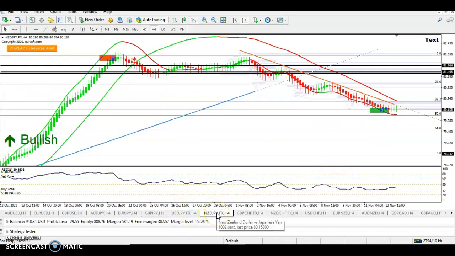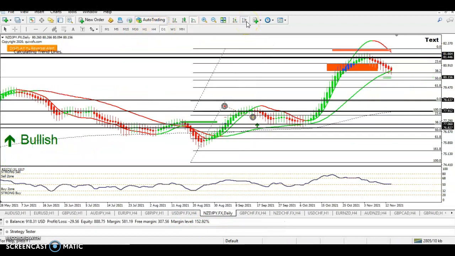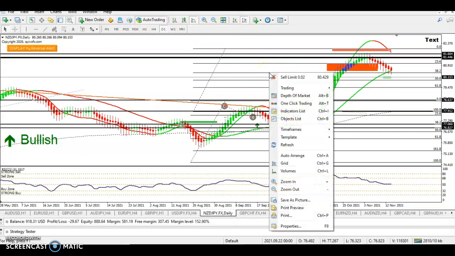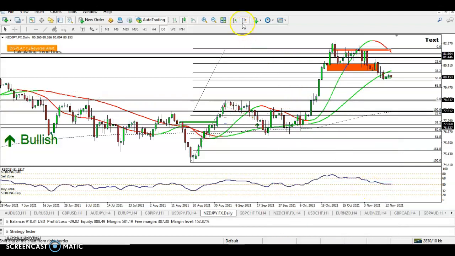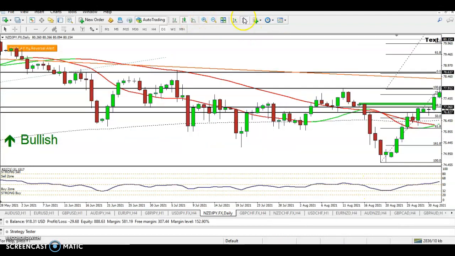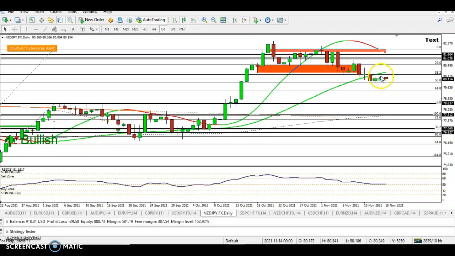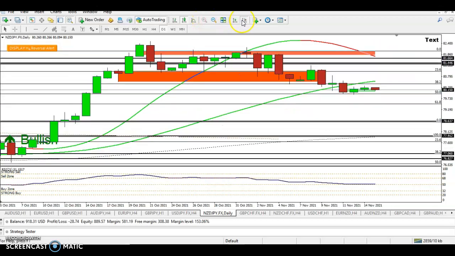Okay, let's go to NZDJPY on the daily. And that looks like bullish action on the daily. So if we look close, price should have made a bullish crossover and structure right around here.